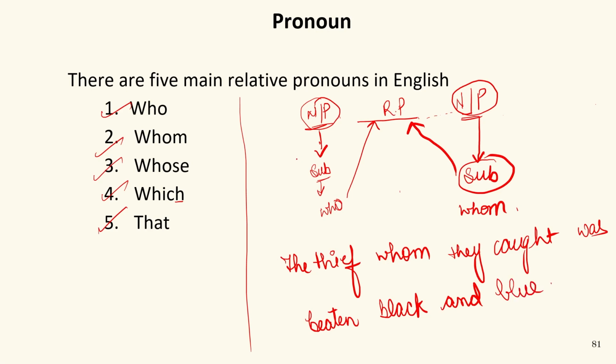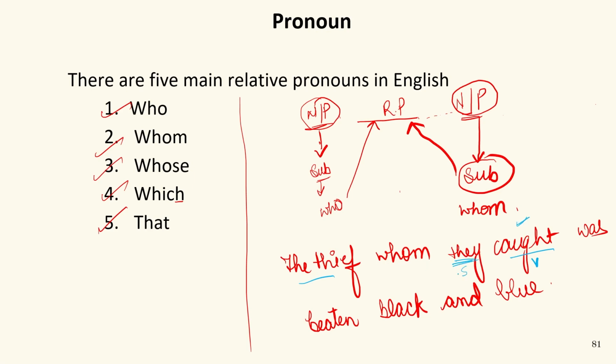Now, if we see the sentence, here we have the words the thief. And we should keep one thing in mind. We will focus only on the active part of the sentence. If the sentence is in passive voice, that doesn't matter at all. Now, the thief whom they caught. Which action has been done? That is caught. Caught is the verb over here. Who performed this action? They.